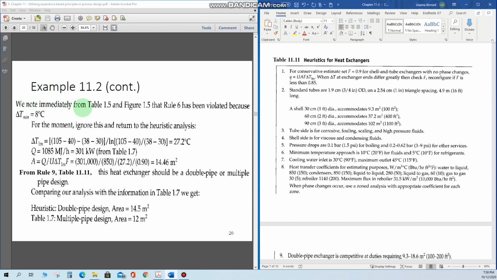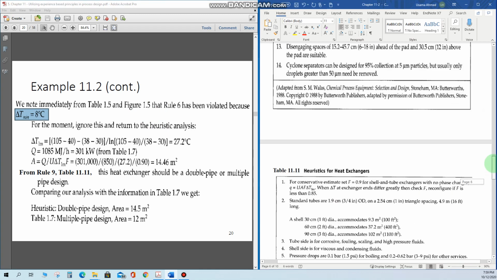Now we note immediately from table 1.5 and figure 1.5 that rule number 6 has been violated because delta T minimum is equal to 8 degrees C. Now there is a violation from the figure and the table. What we see from the table here, you would see the temperatures.